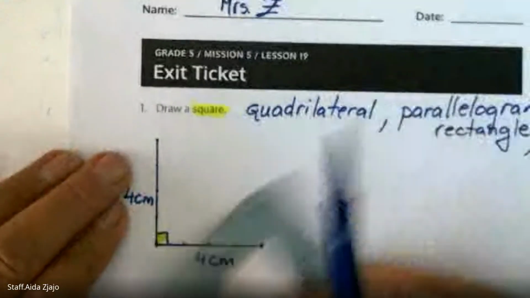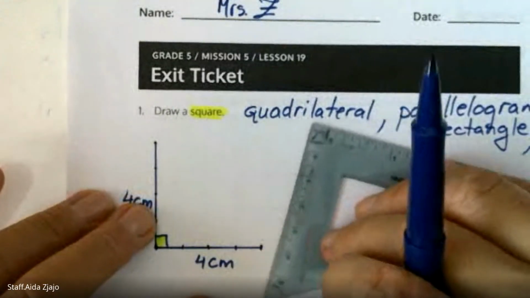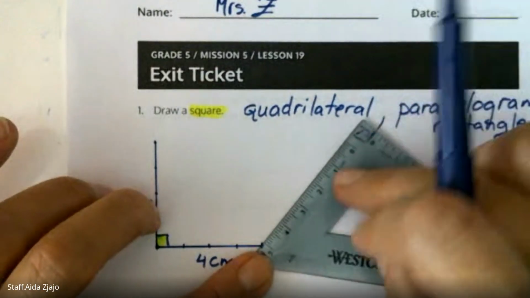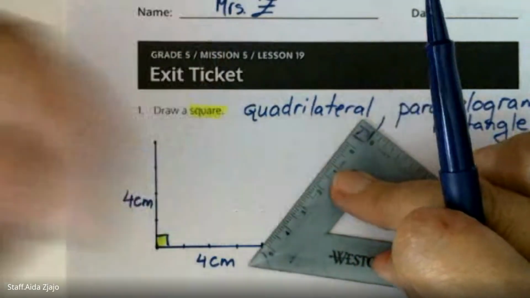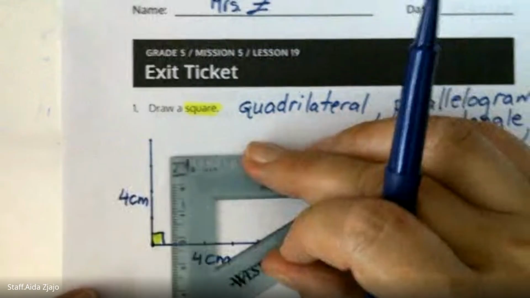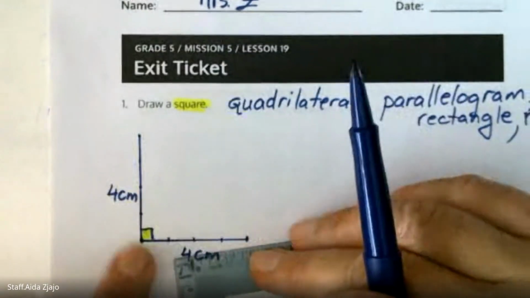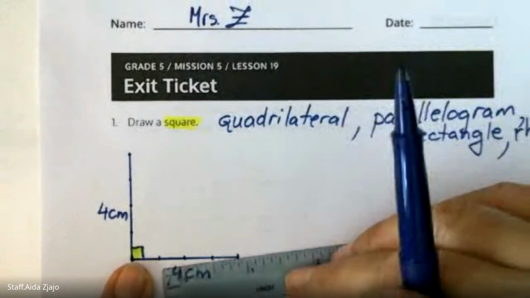I can make a quadrilateral another way, but it's not going to have congruent sides.